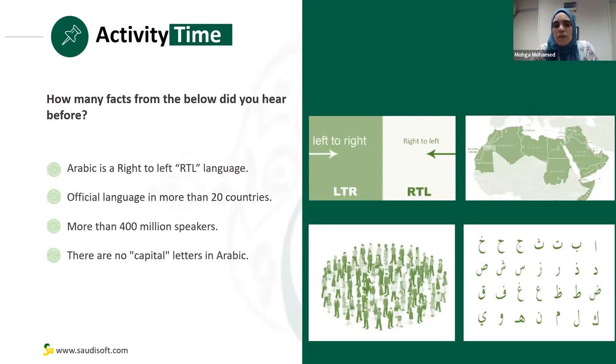Here are 4 basic facts about the Arabic language. Please let us know how many of those 4 facts you have heard before. So Isabella, if you can start the poll. Yeah, I think everybody should be able to see it now. So the question is, how many facts from the below did you hear before? It's multiple choice, so you can choose 1, 2, 3, or 4. Let's give it a couple of seconds. Don't cheat, be honest. A few more people need to vote.